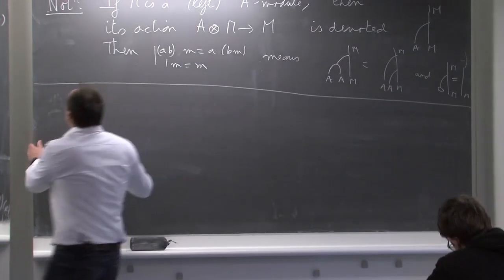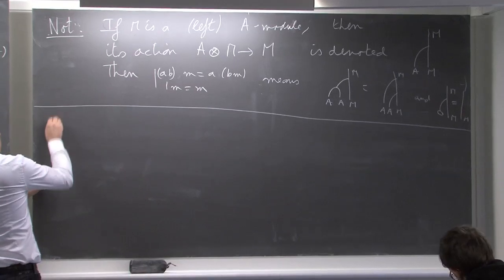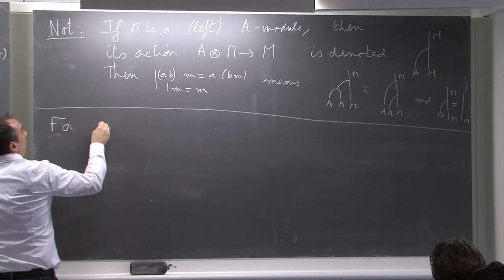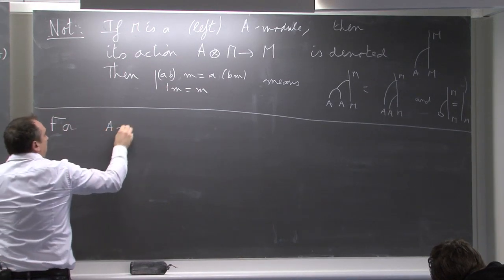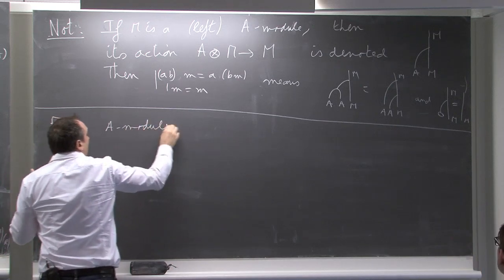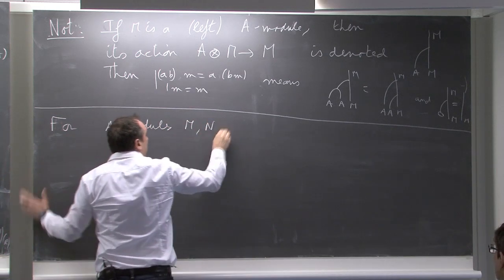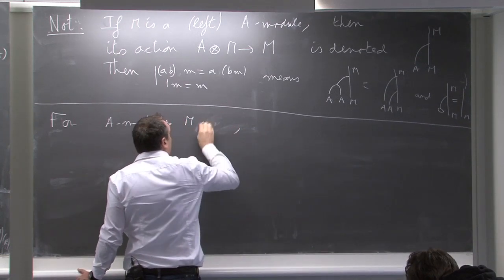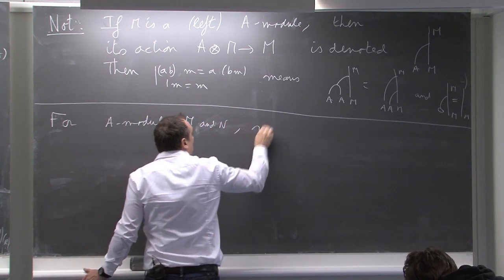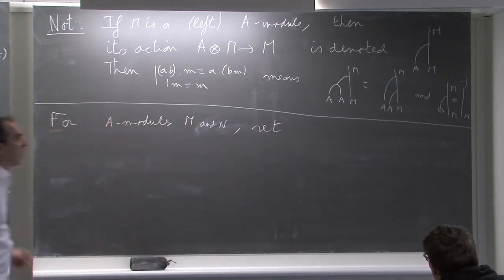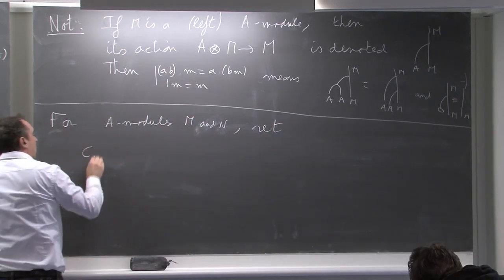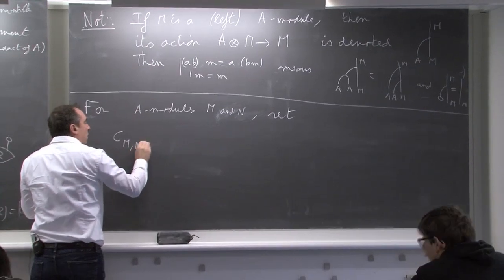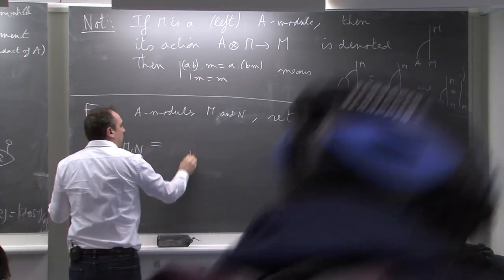Now, we defined last time, for left A modules M and N, the map C_{M,N} as follows.